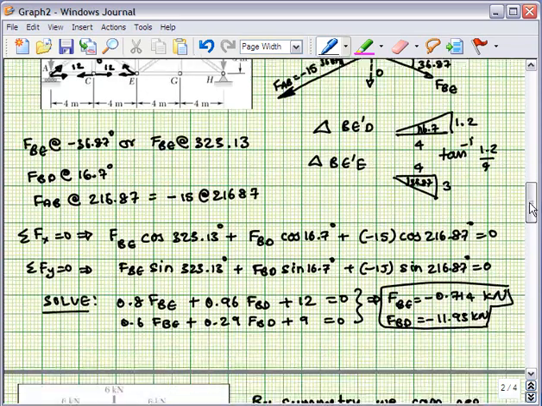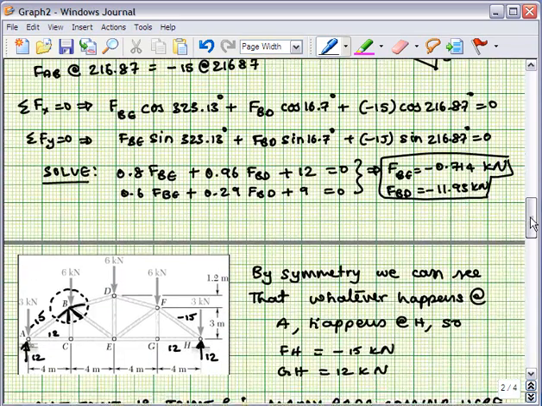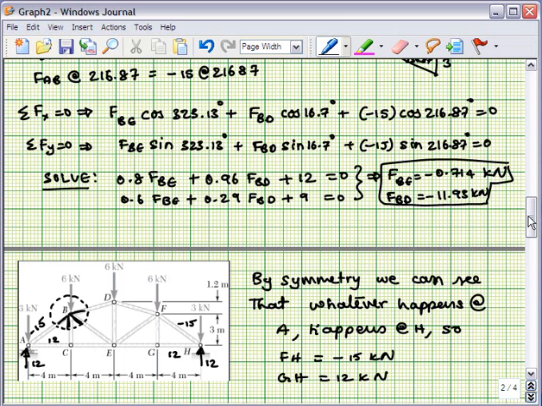So again, we have now solved more. And the point which I wanted to make here is the fact that by symmetry, whatever happens at this point at A also happens at that point. So I get 12, 1 minus 15, 12, 1 minus 15. If that's 0, that's 0. This is 12, that's 12.